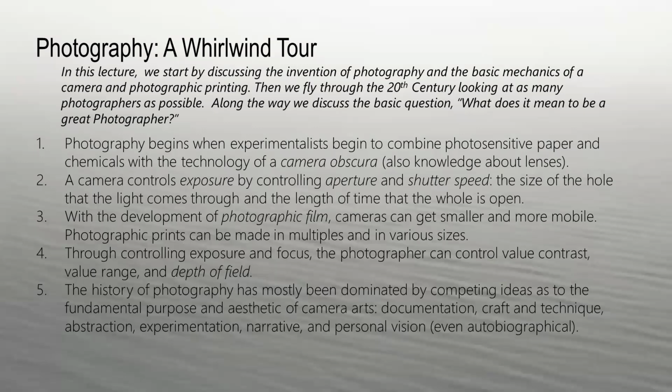And so with any kind of camera, you're controlling exposure. And generally, you're controlling it by two means: through aperture, that is the size of the hole, and through shutter speed, that is the period, how long that hole is open. So once again, let's return back to the camera obscura for a moment and think about this.